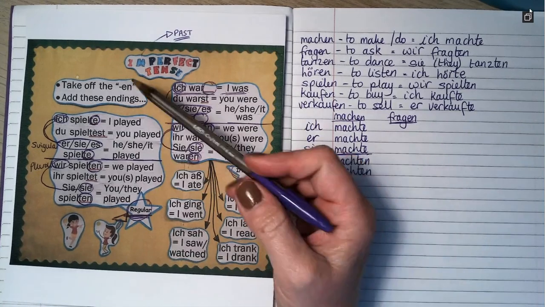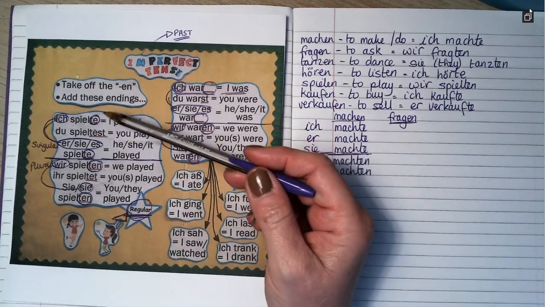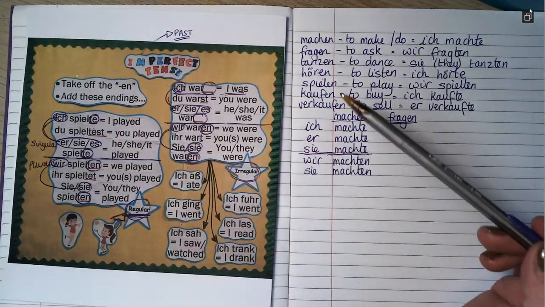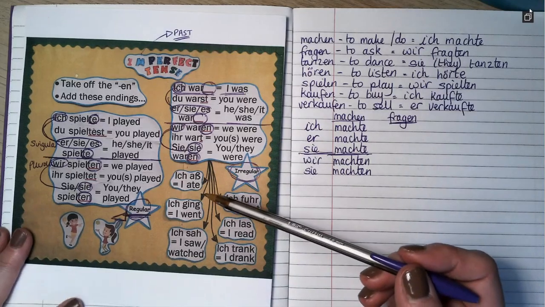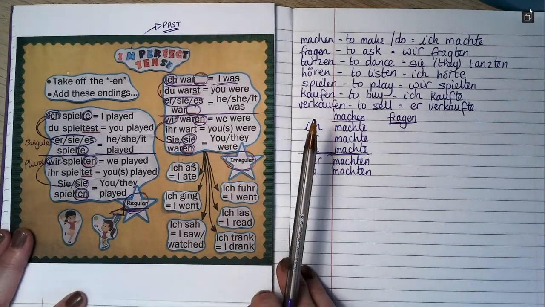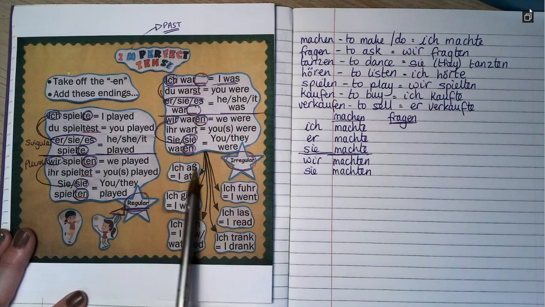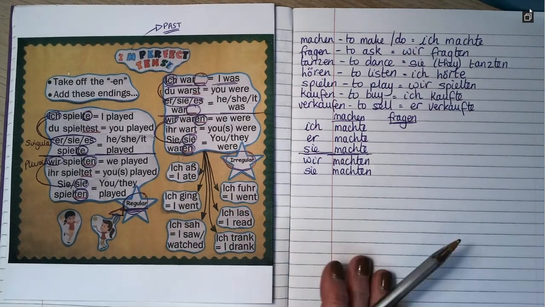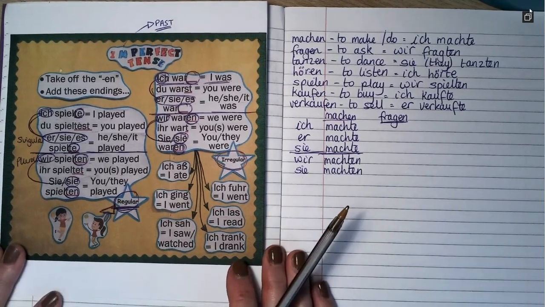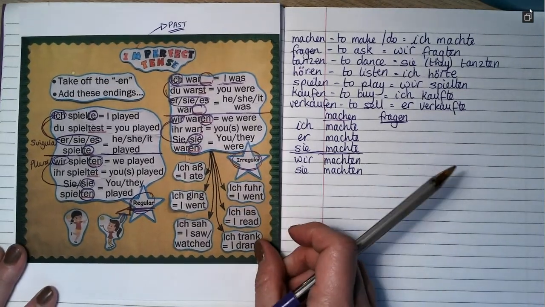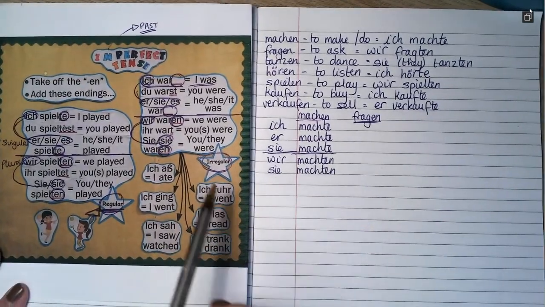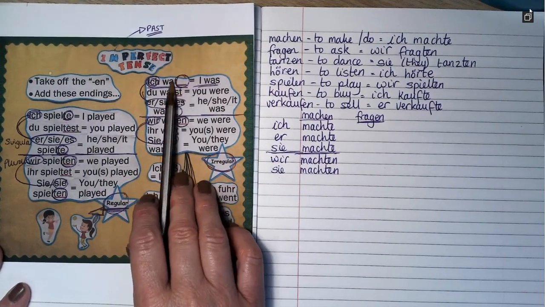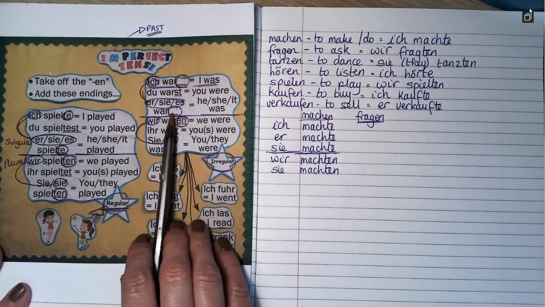Okay, so next thing we need to do is we need to have practiced this, obviously, got our head around these endings, but remember that these are only for regular verbs. So we've also got these irregular ones on the right-hand side. These are quite nice, actually. If you learn a few irregular verbs, they look very nice. They really do raise the standard of your work. And also, if you look at the endings, there's nothing on ich or es.